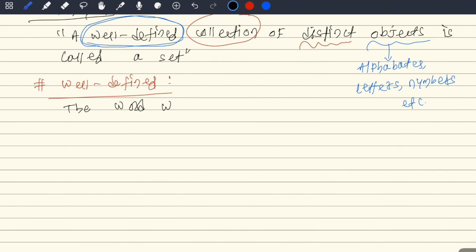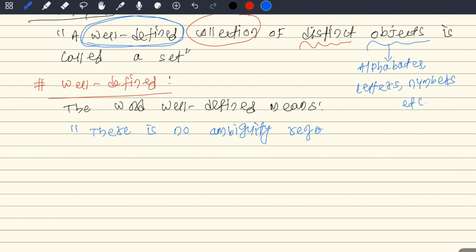The word well defined means there is no ambiguity regarding inclusion or exclusion of objects.